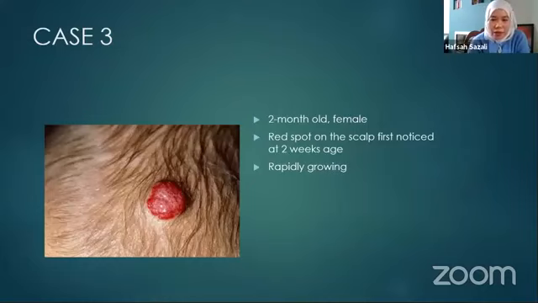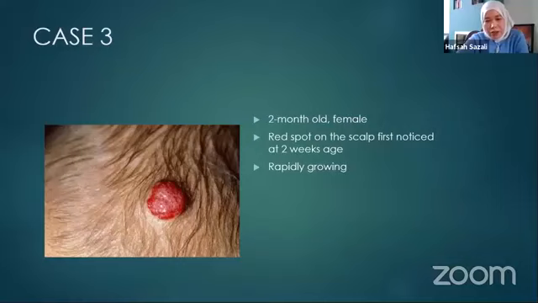And as I said just now, it's usually absent at birth, and then a few weeks later it has a rapid growth phase, and then it plateaus, and towards 1 year old it kind of involutes, 70% involuted at 7 years, 90% at 9 years. So it's important to get the history as well. Was it present at birth?